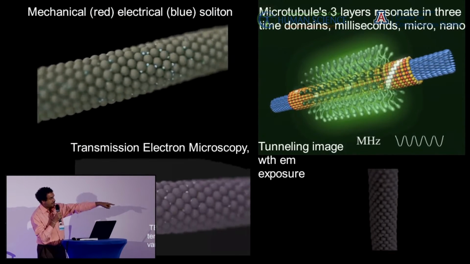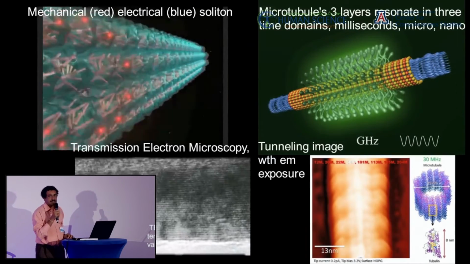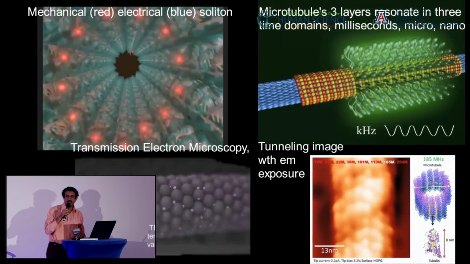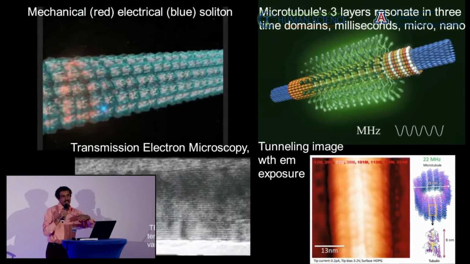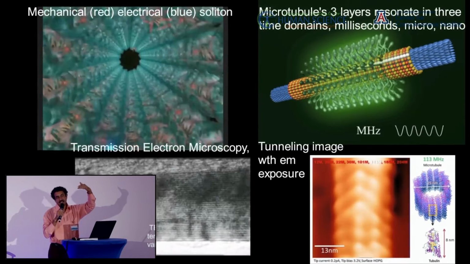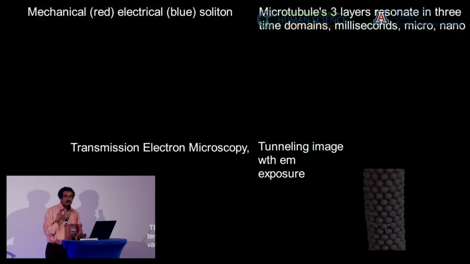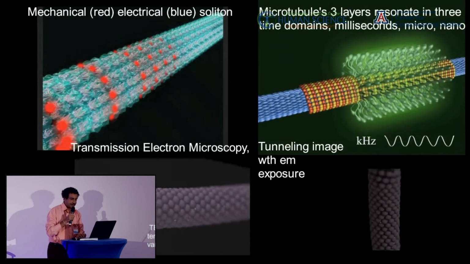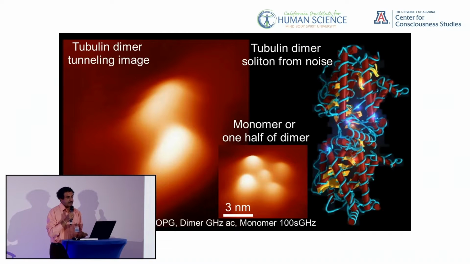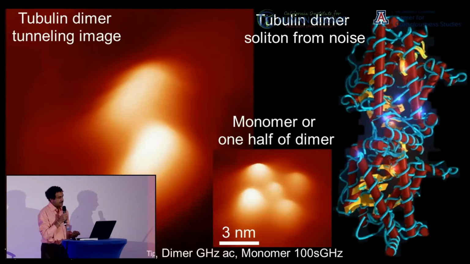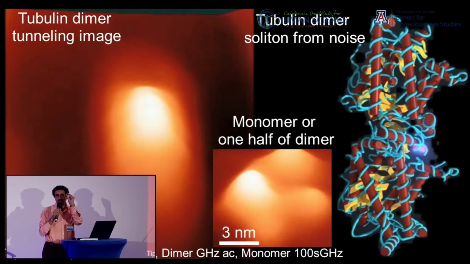To the bottom right corner, you can see quantum tunneling images with a scanning tunneling microscope, where you see how one side of the microtubule to the other side, how a charge can pass through. So these are very old results, and this is just to introduce you to microtubule. And from the microtubule, you can take out one tubulin protein, just 2 nanometer.